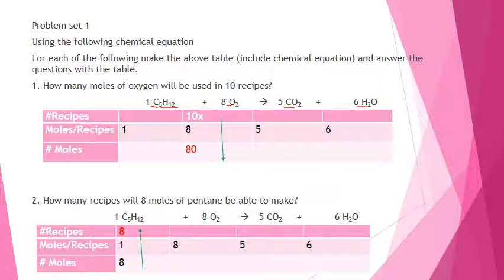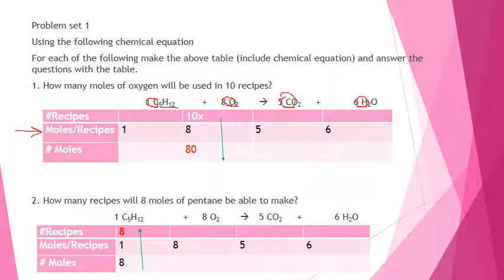Okay, so you set up the table: recipes, moles per recipe, and moles, just like you did with recipes, cups per recipe, and cups. Then put in what you know, the moles per recipe, which are the coefficients. You do that for every single problem.